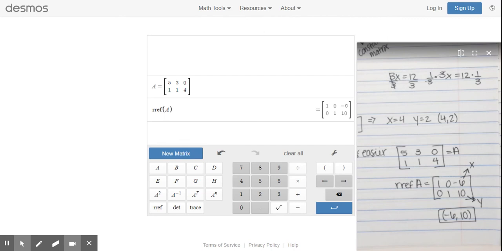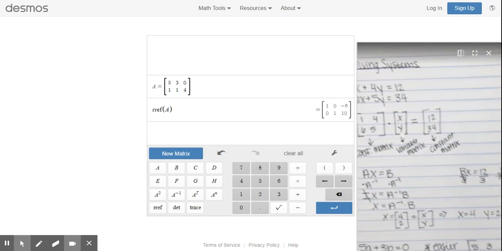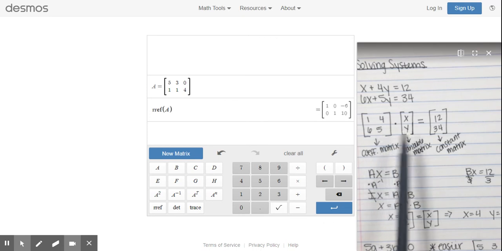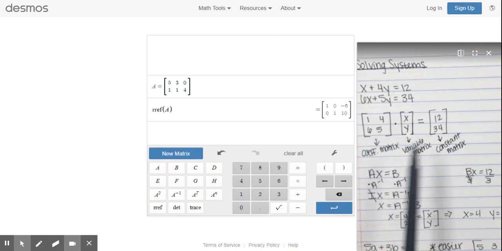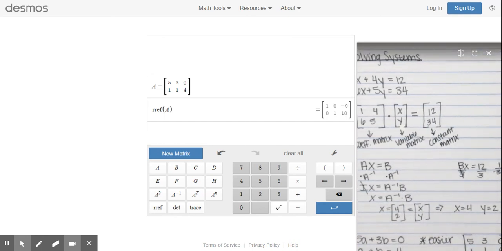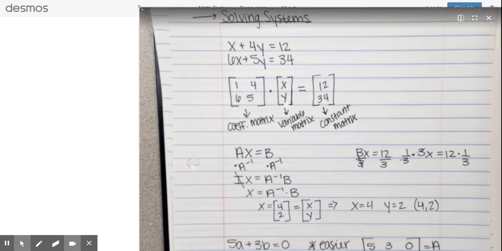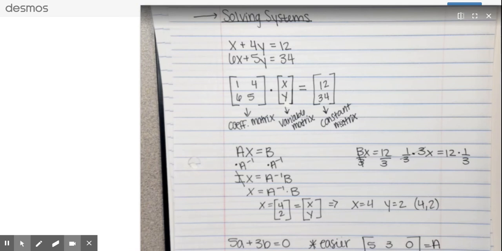Then you have to solve some systems, and you can do it this way. Do it the easier way, okay, might as well. And then I think you have one problem where you have to set up these matrices, and it's going to ask you what's the coefficient matrix, what's the variable matrix, and what's the constant matrix.